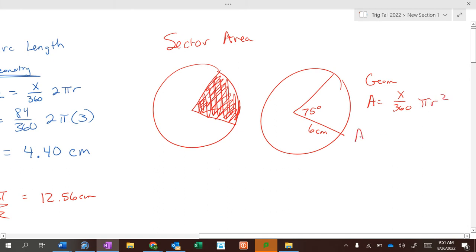So the area of this pie piece is 75 over 360 times pi times 6 squared. On your calculator, take 75 divided by 360, and then times pi times 6 squared, which is 36. So 36 pi is probably about 112, 115, somewhere in there.